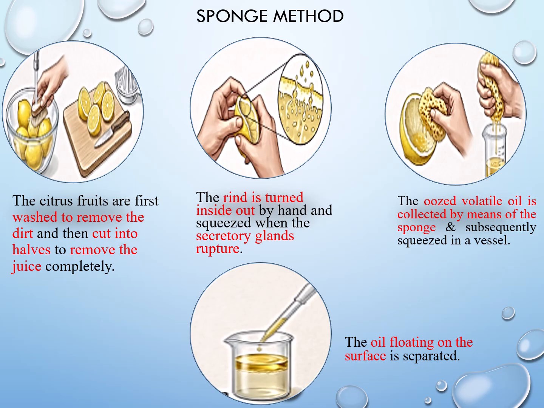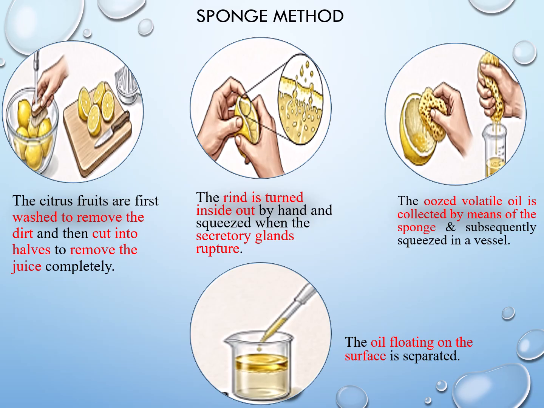The oil glands present on the surface of the peels will get ruptured and the volatile oil is released. So the oozed out oil is then collected on a sponge, and when it gets saturated, the sponge is squeezed onto a beaker or a vessel.